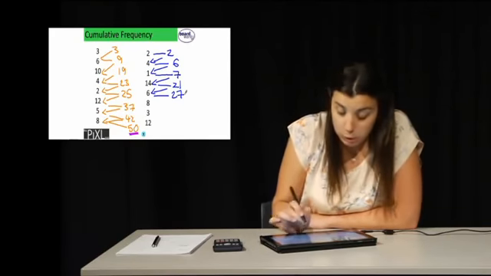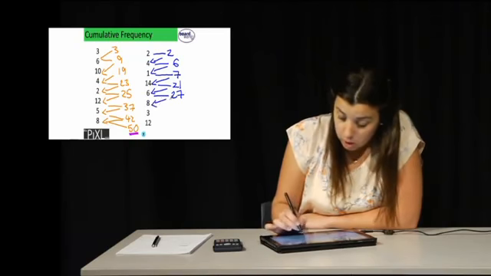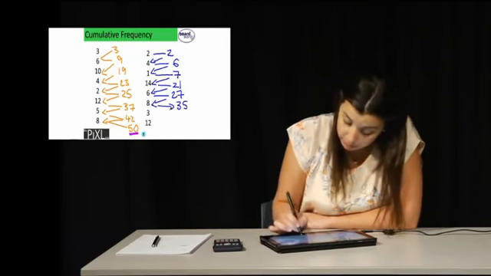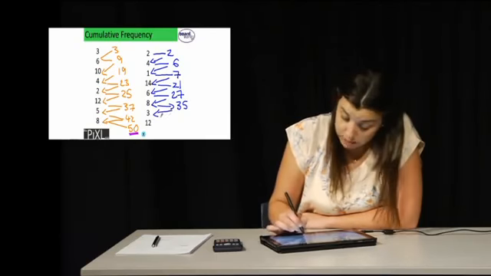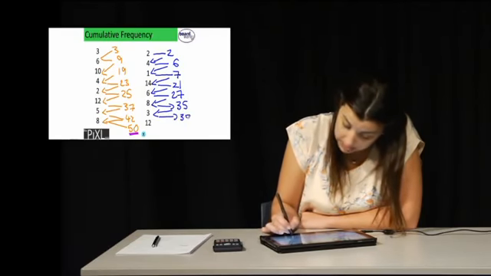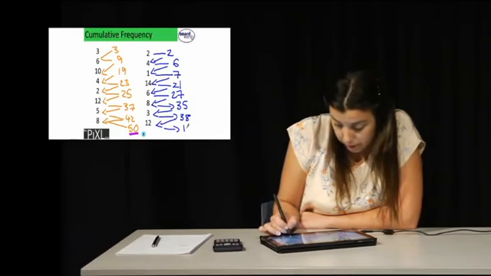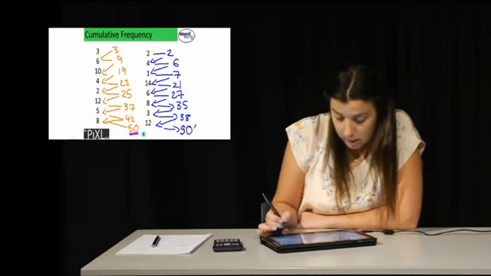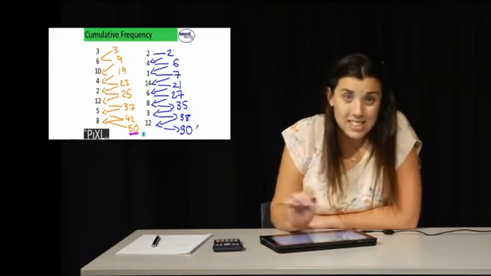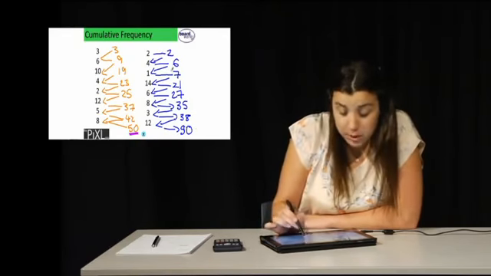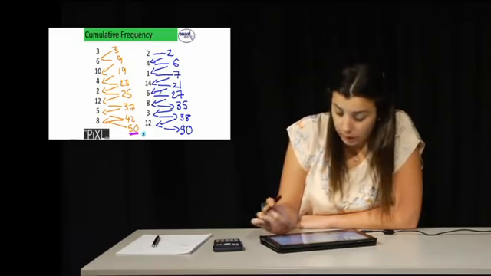The arrows might help if you want to put those in as well. 27 add 8 gives you 35. 35 plus 3 gives you 38, and 38 add 12 gives you 50. Again, cumulative frequency is simply adding up the numbers gradually as you go down the column.